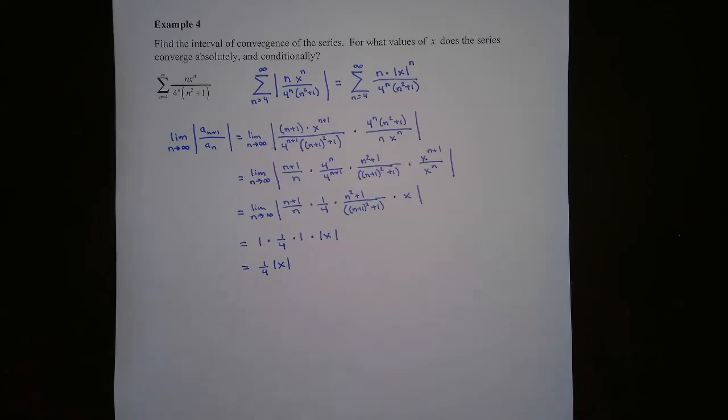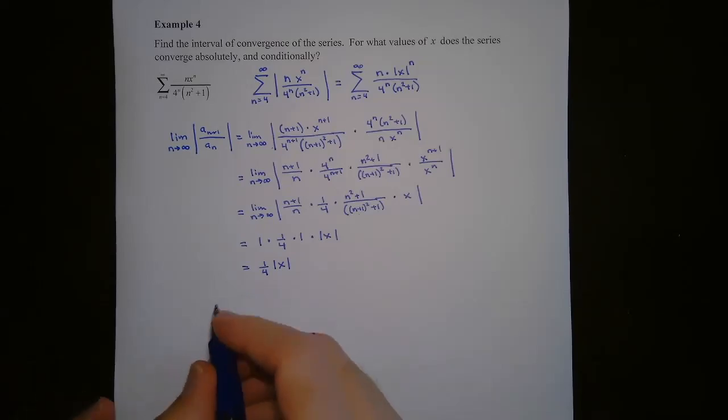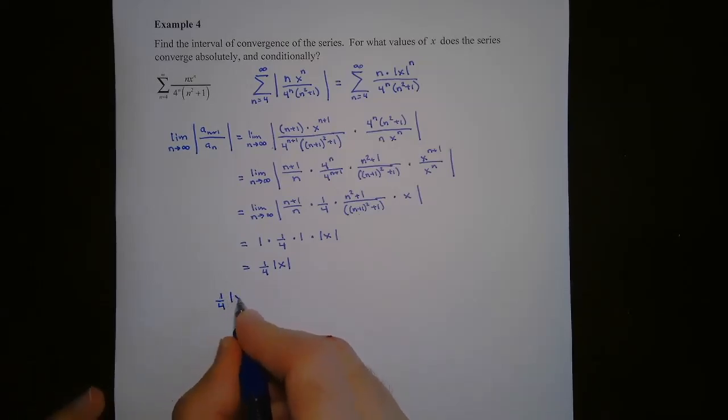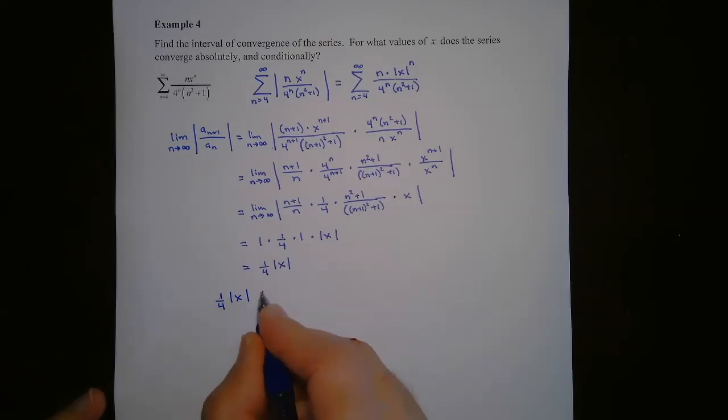Okay, now that's the ratio test. Now we know from the ratio test that this is going to be absolutely convergent when this is less than 1. So we write 1/4 times the absolute value of x is less than 1.